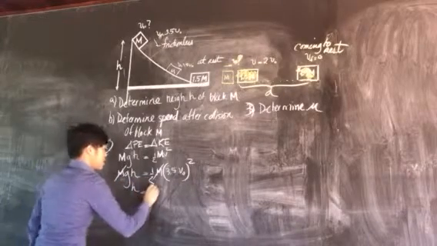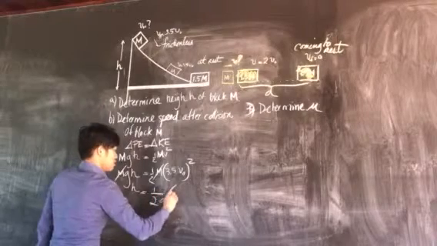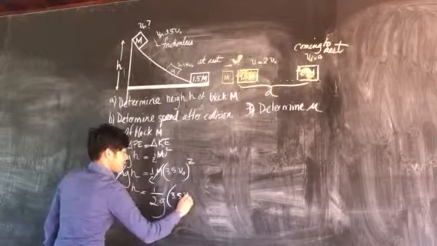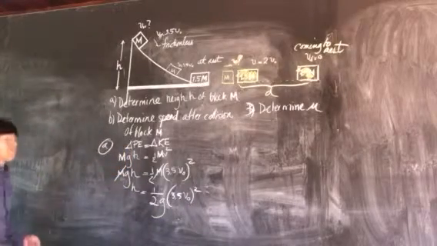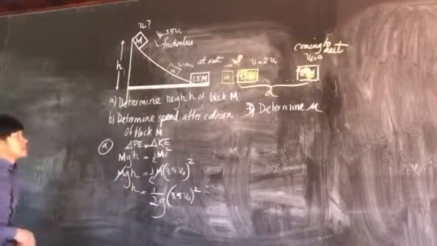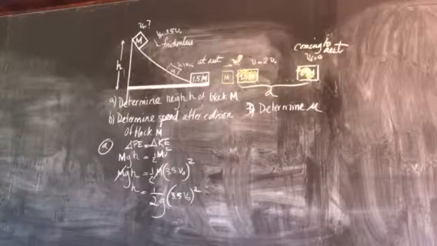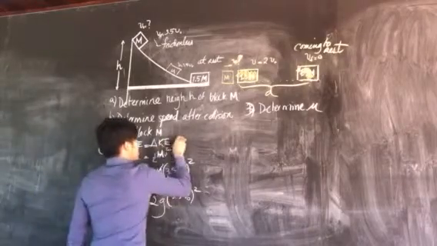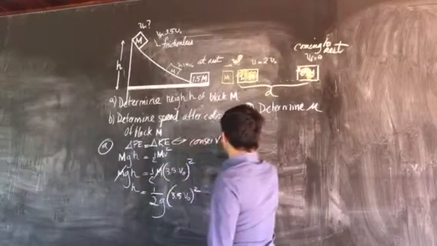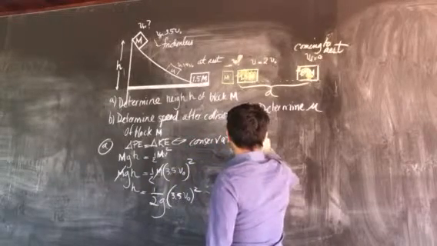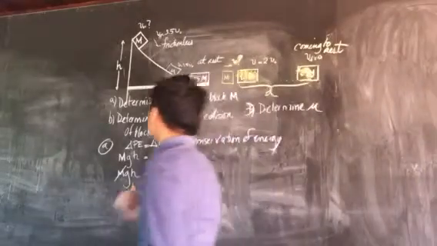So height is equal to 1/2 g times 3.5 velocity squared. This is the answer for your height. So when you want to determine the speed, the topic is called conservation of energy.